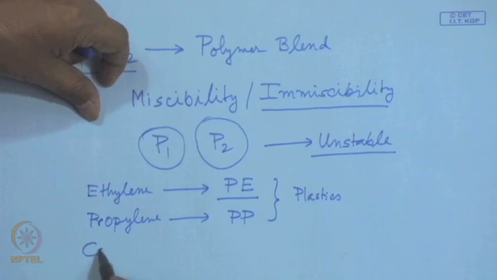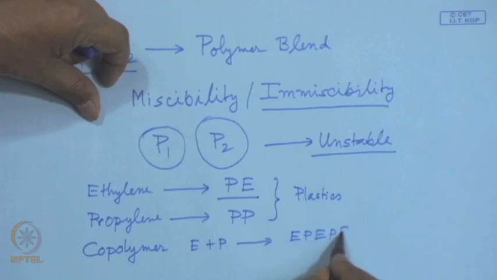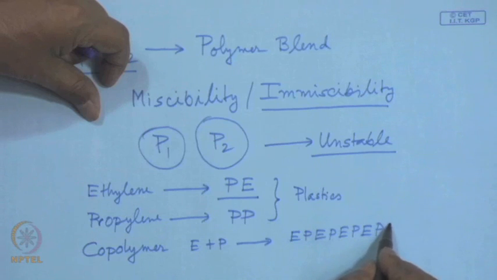So, we can synthesize a copolymer of ethylene and propylene. It will form a copolymer of EP, EP, EP like this. If we place these ethylene and propylene units in alternation, we call it ethylene propylene copolymer.